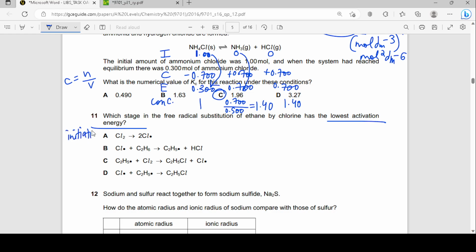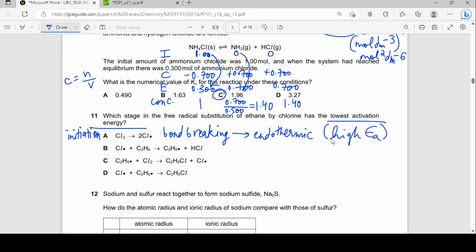So this is the initiation step, because this is the molecule and you're getting two free radicals from that. And so there's only bond breaking here, there's no bond formation. So it's an entirely endothermic process, which requires energy, and a lot of energy.